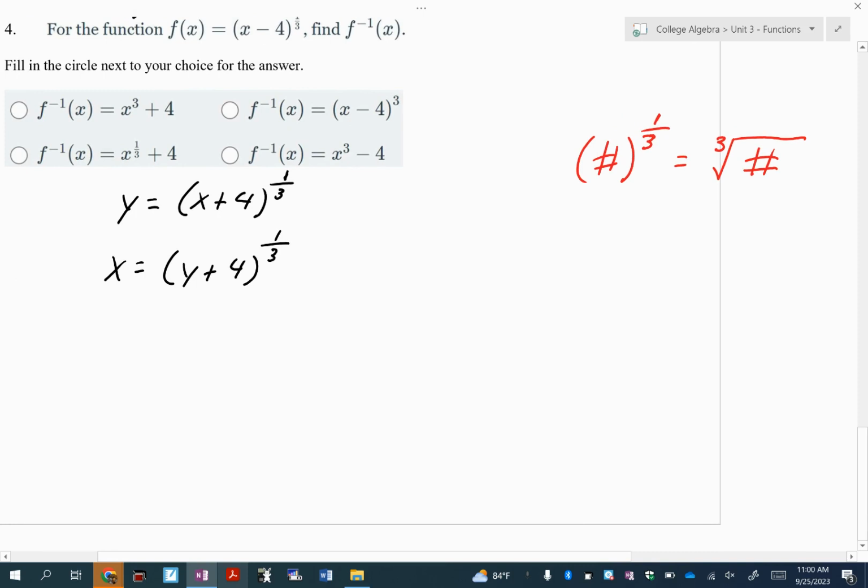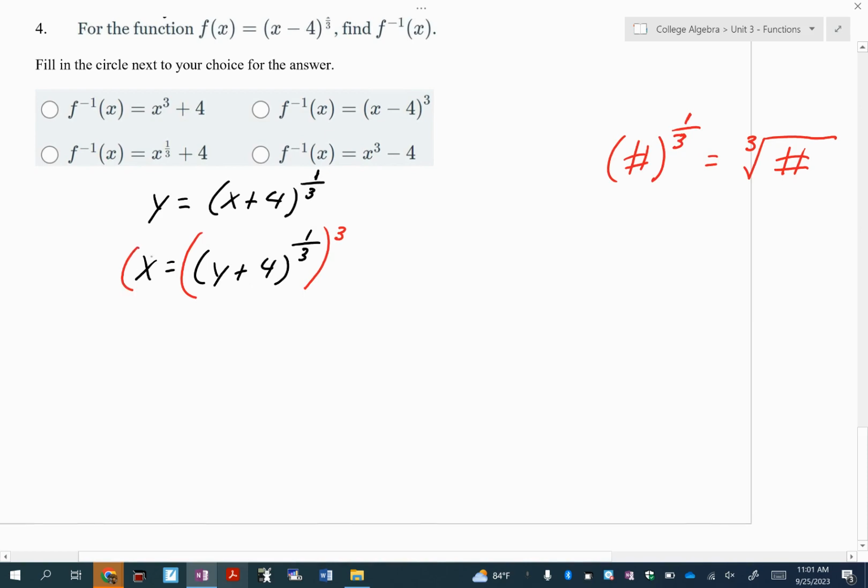I just wanted to show you that because my process here is I want to get rid of that 1/3. So we have to raise the whole thing to a power that when I multiply it by 1/3, I get 1. And it's been a while, but when you do a power to a power, you multiply. So if you make this the reciprocal, and the reciprocal of 1/3 is 3/1, or 3, it's going to get rid of that 1/3 power, right?